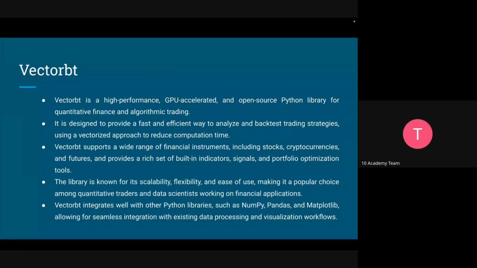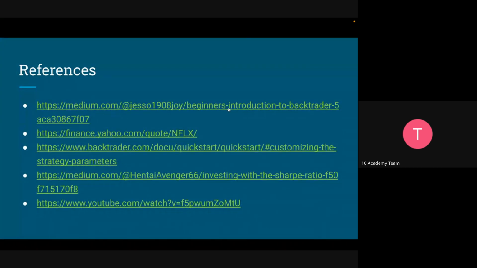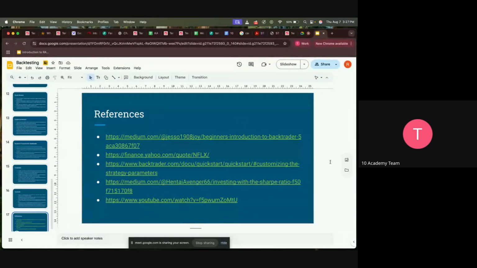So I'm going to link these two if you are interested in exploring them. They are all Python. They have different pros and cons, but they pretty much do the same thing at the end of the day. So you can explore them for better performance, but we are going to focus on the popular one for this demo, which is this one.